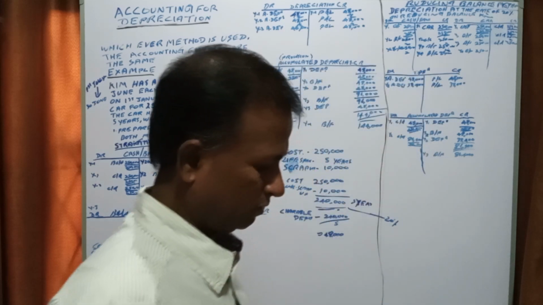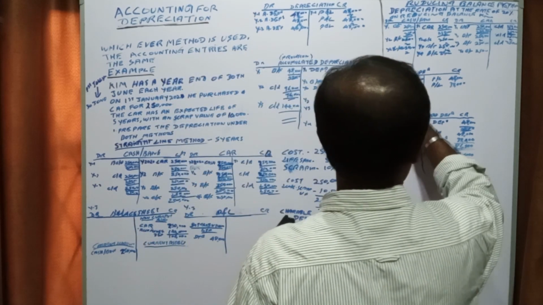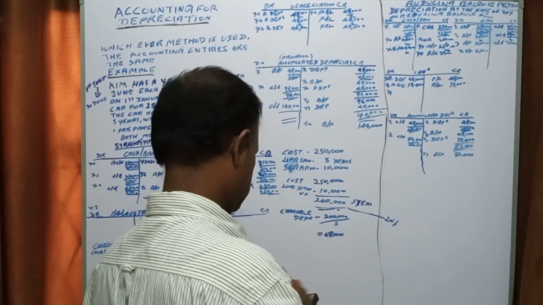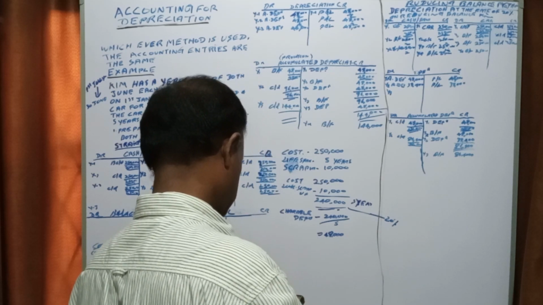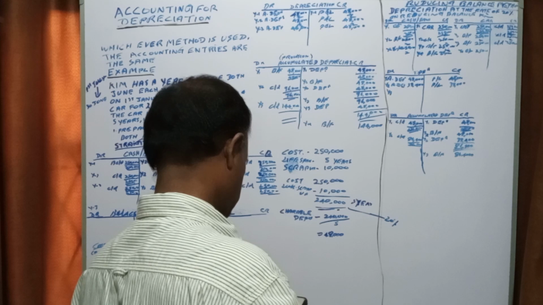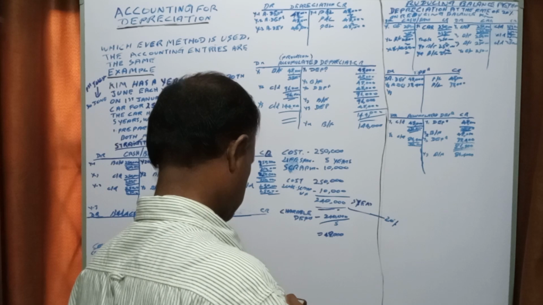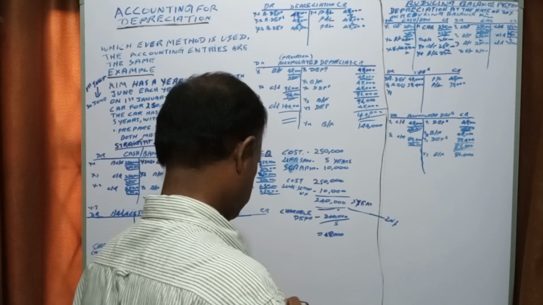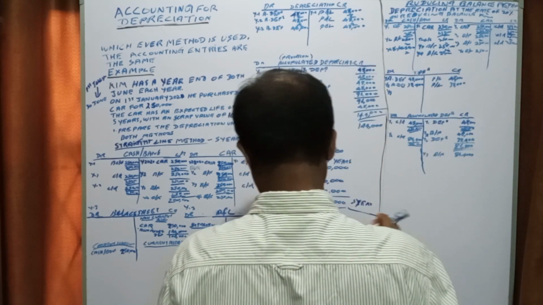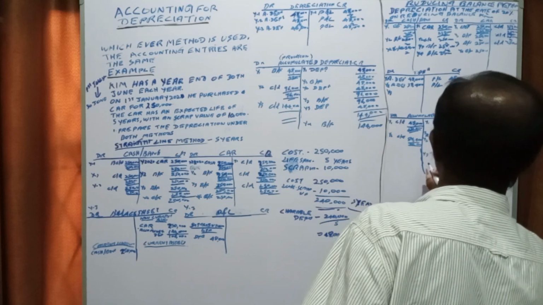Then what is the depreciation for year 3? Year 3 depreciation is 30,720, right?